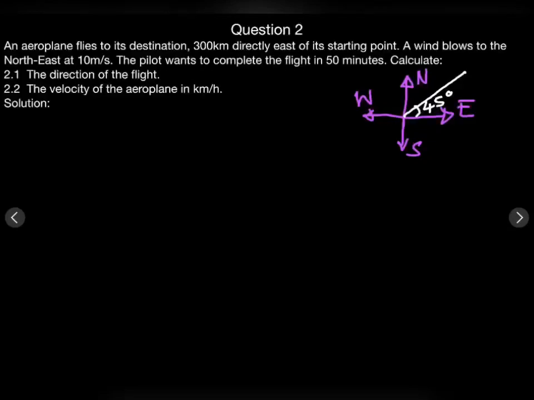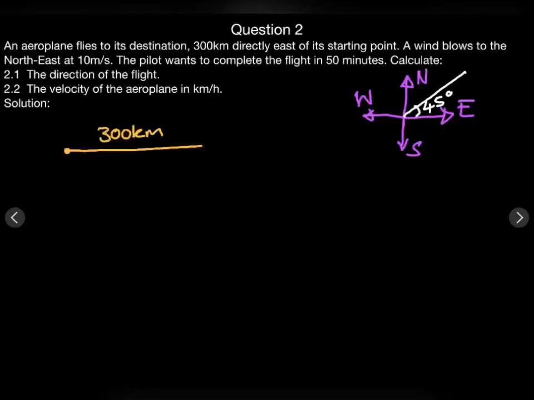Okay, so now let's check on our question here and see what we have. We are told that from the starting point to the destination, there is 300 kilometers. So we need to represent that. We have 300 kilometers from the starting point to the destination.